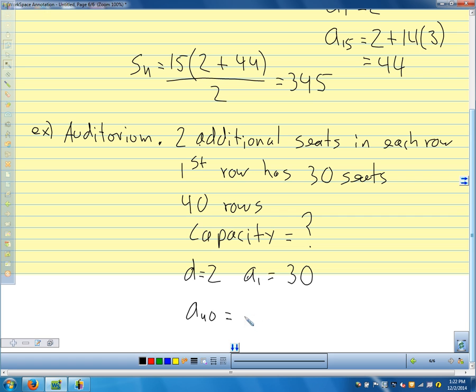A sub 1, 30, plus 39 times 2. And then we can plug those numbers into our sum formula, just like we did the last time. So this would be an arithmetic sequence. This problem is essentially what we did in the last problem. Set it up just the same way.